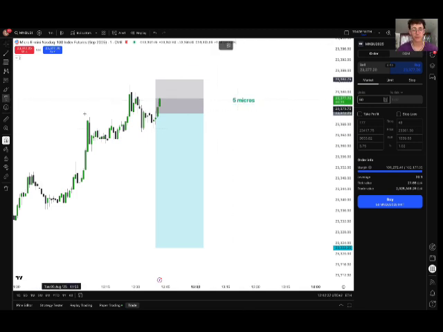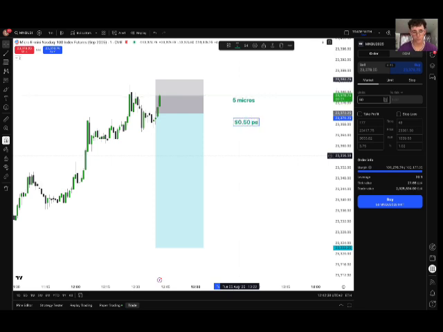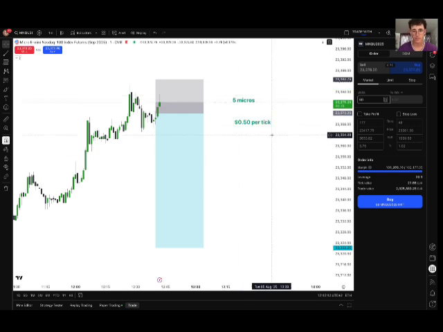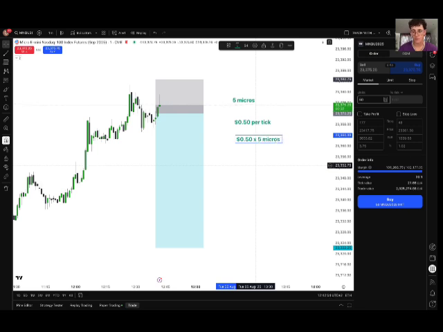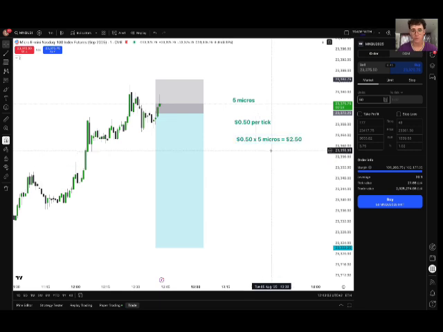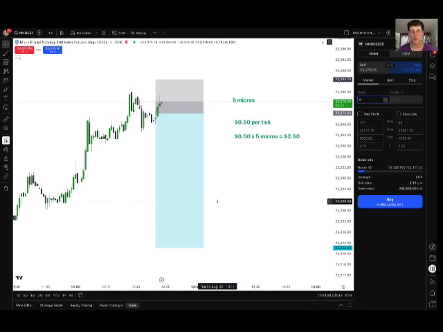Since per tick costs 50 cents, 0.50 per tick, you want to do 0.50 times 5 micros, because that's how many micros we're going in the trade. And in that case, we are risking $2.50 per tick.